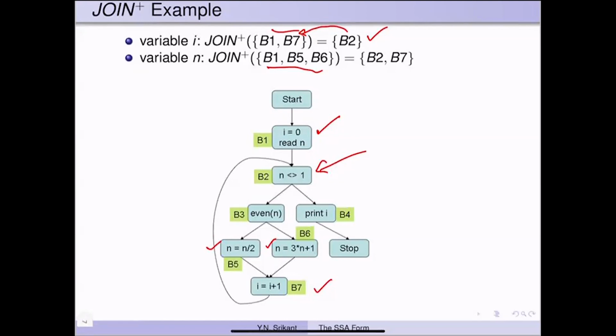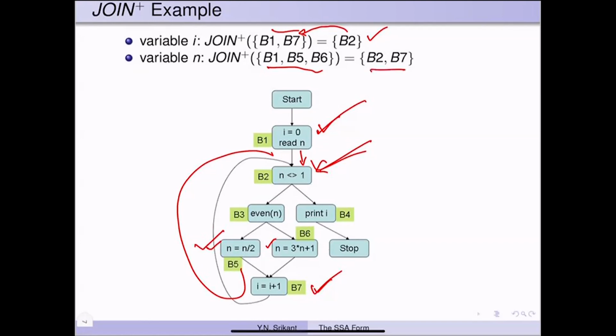If you consider B1 and B5, the place where they merge or converge is B2 again, right? Similarly, B1 and B6 also merge at B2, very clear. And B5 and B6 will merge at B7, right?